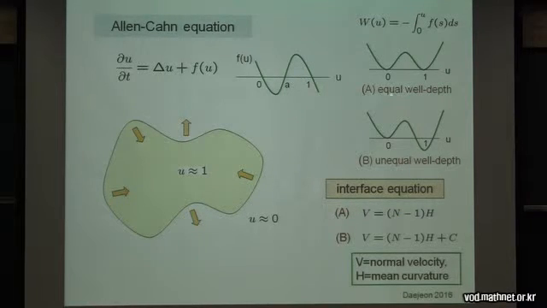In the equal well depth case, the interface equation is well approximated by the motion by mean curvature. V is the normal velocity of the surface, n is the dimension, and H is the mean curvature. V equals n minus 1 times H. This is the mean curvature times n minus 1, but anyway, basically it's the mean curvature flow.